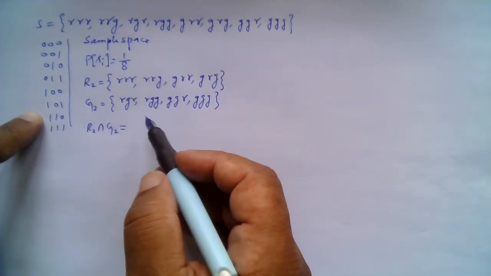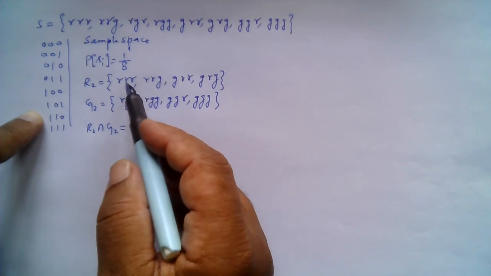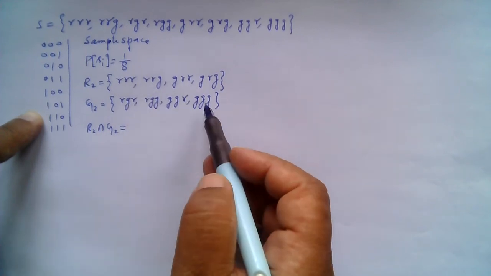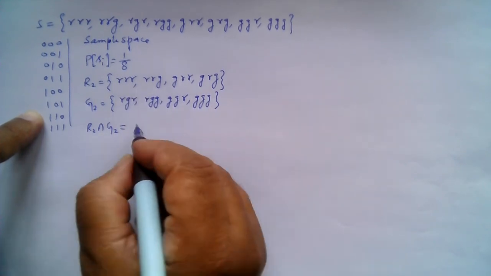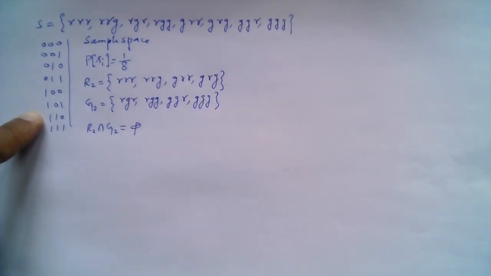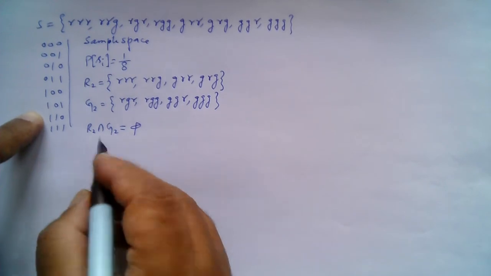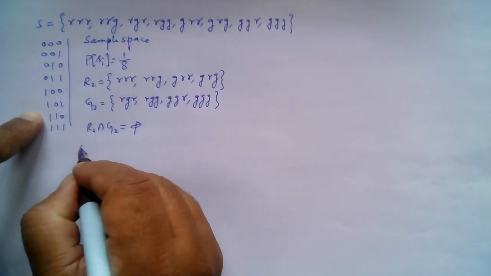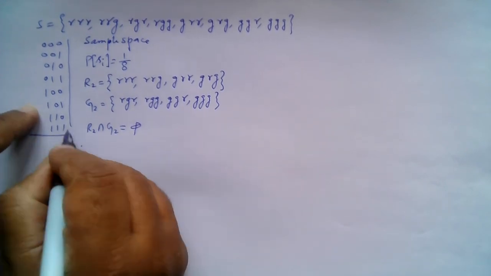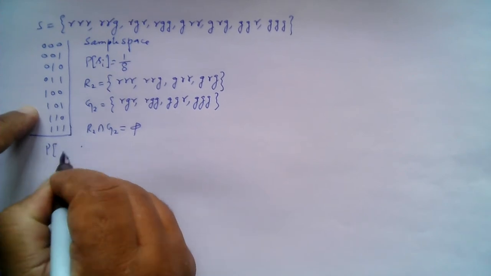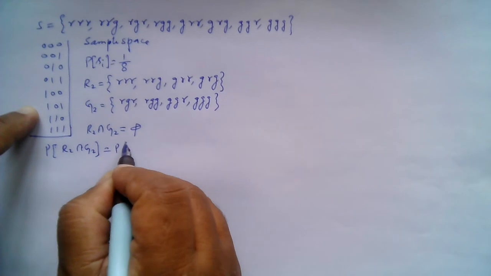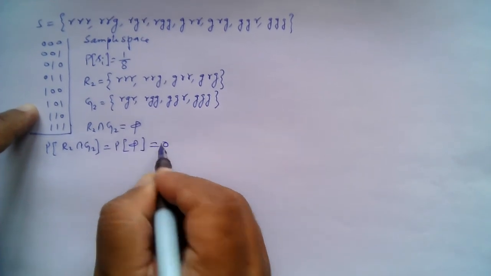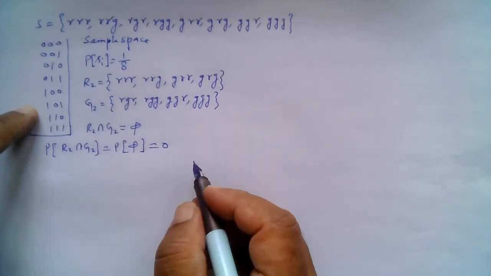We see that here the second light is red, and here the second light is always green. So there are no common events. So this is a null set, empty set. The intersection is empty, and therefore the probability of R2 intersection G2 is equal to probability of null set, which is 0, right?